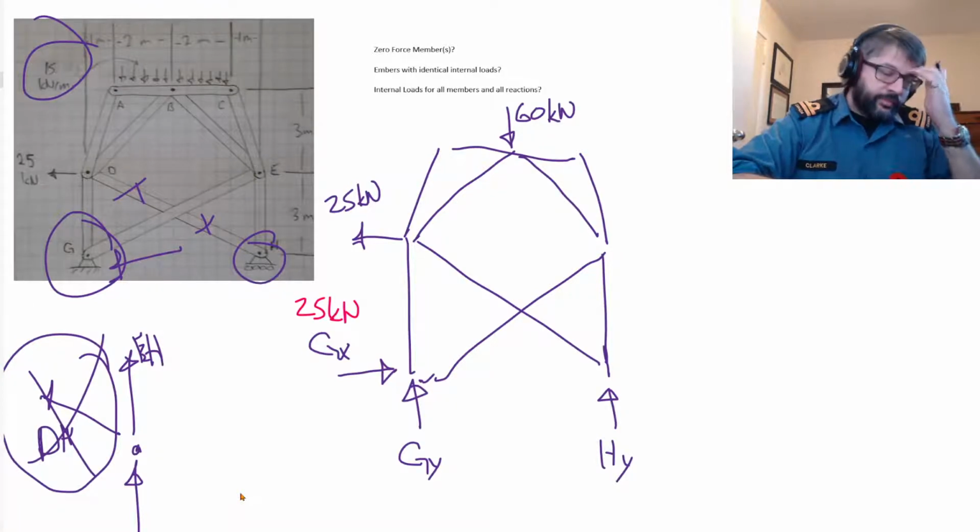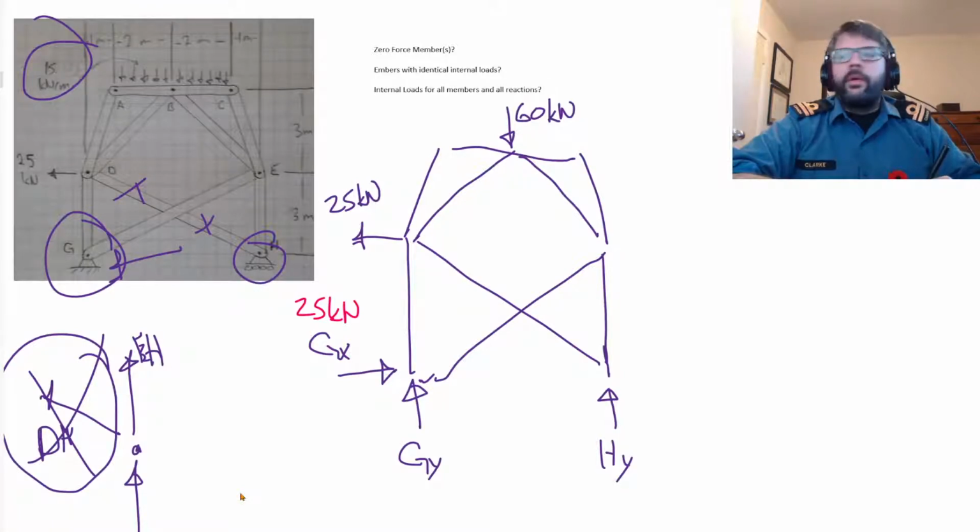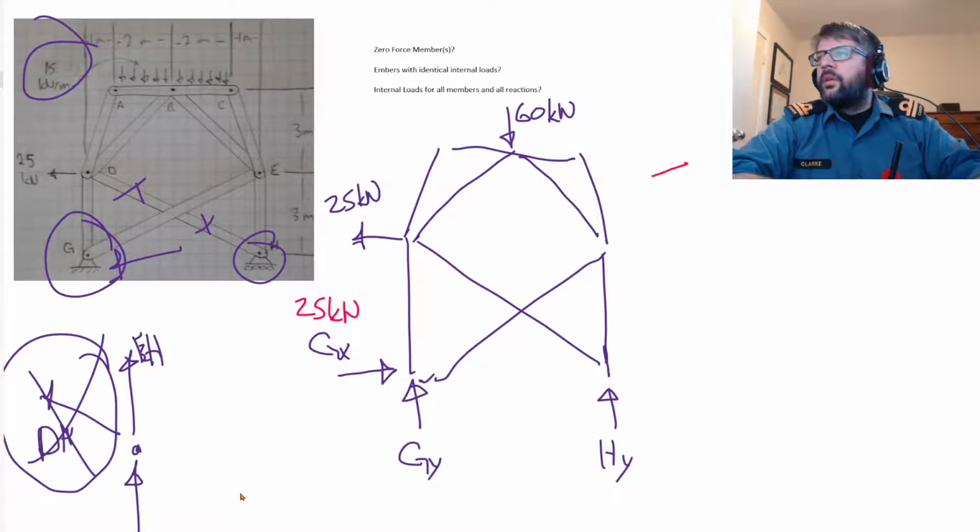And if we want to figure out what HY is, we can do a sum of the moments at point G, and it's going to be equal to 0.